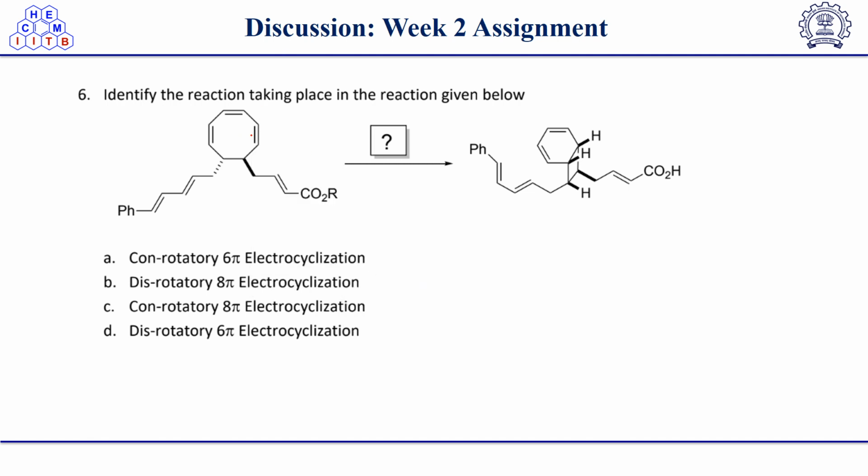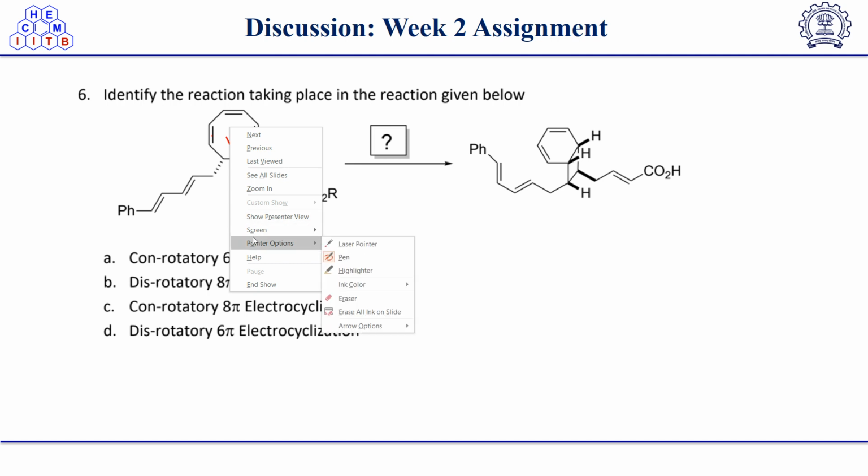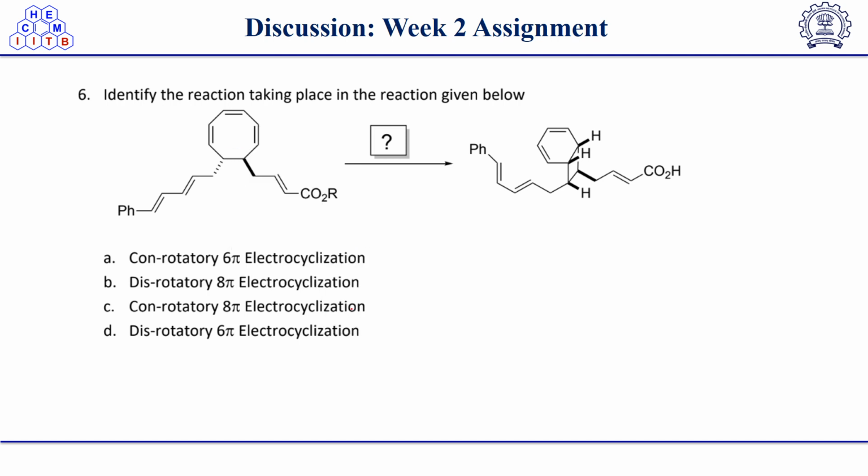So this will form a 4-membered ring here, and this will form the 6-membered ring. So it is a 6 pi electrocyclization.